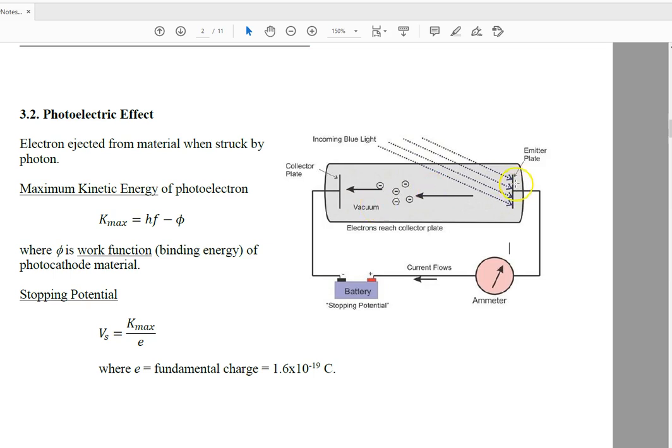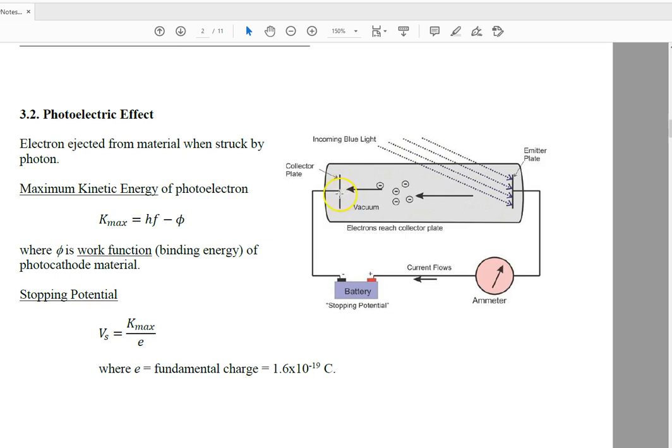And inside there, you have a metal plate right here, the emitter plate. You can see the light coming down and hitting the emitter plate. Photoelectrons are ejected, but they can be collected. They can be sent towards this other plate, the collector plate, and you can make this part of a circuit, as you see right here.